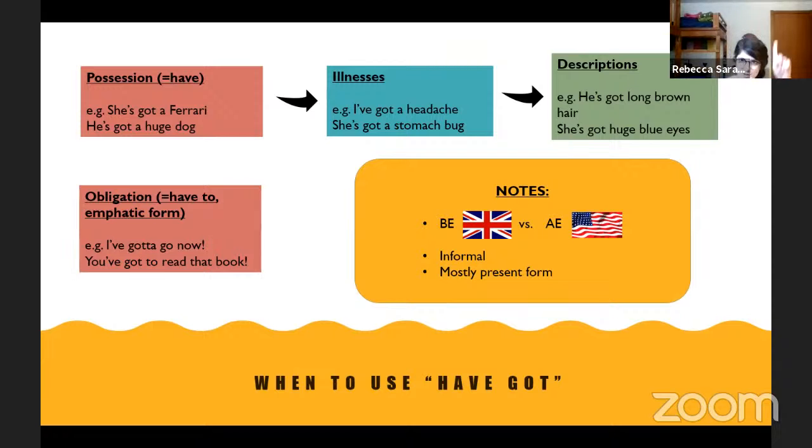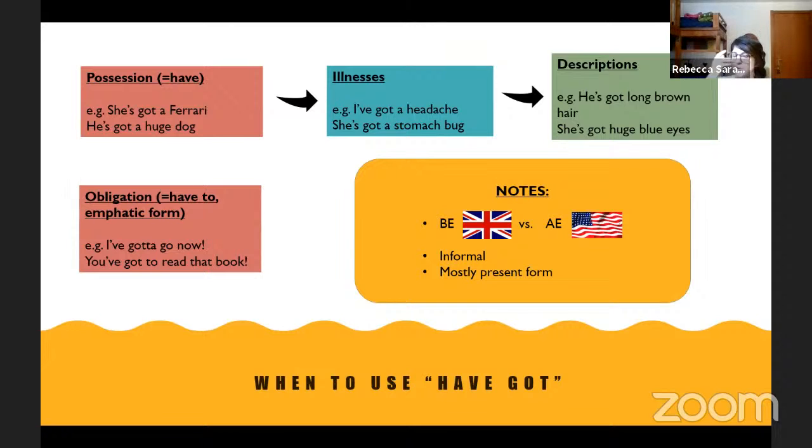But first of all, there is a difference usually in how often it is used depending on the country. So you will probably hear British people using have got more than American people. And then, of course, there are all the other countries which tend to be either in one or the other category. But generally, you will hear have got more by the Brits.